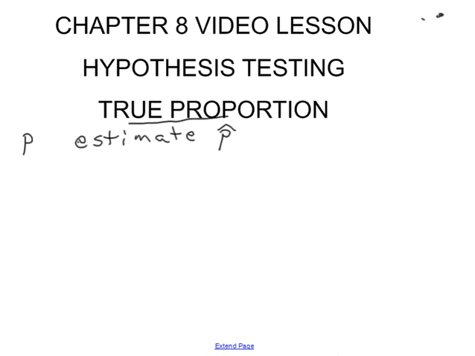And just like in the binomial, we had a Q. We'll claim something as P, the true proportion, so we'll have the Q value as well. And with the true proportion, remember we always use z-scores.